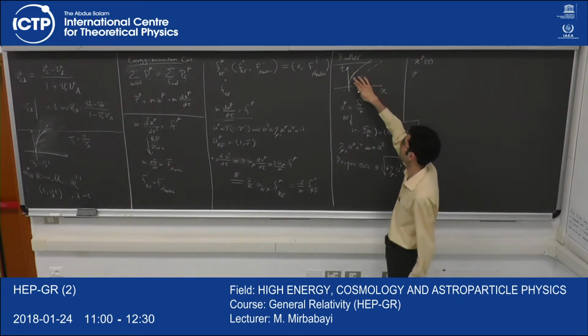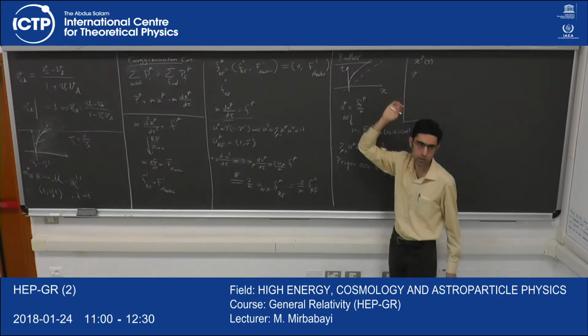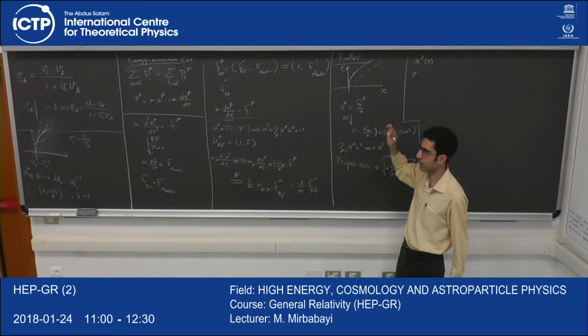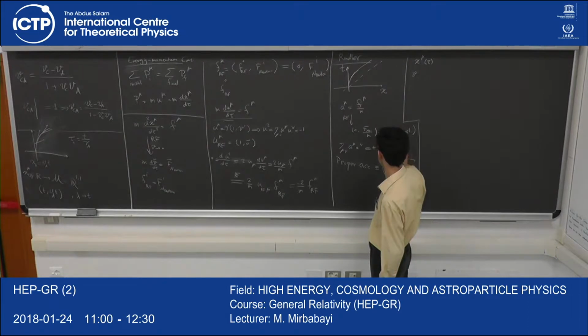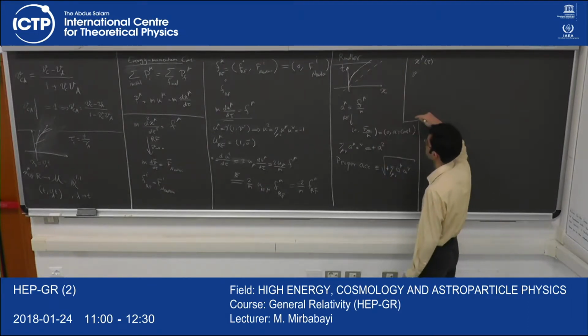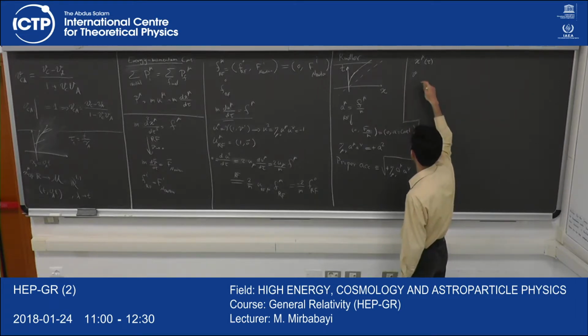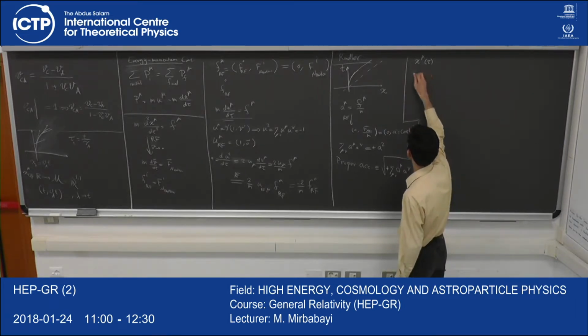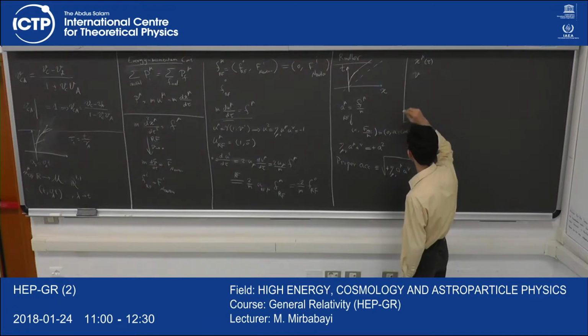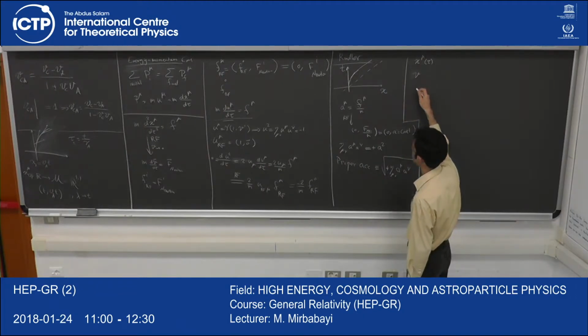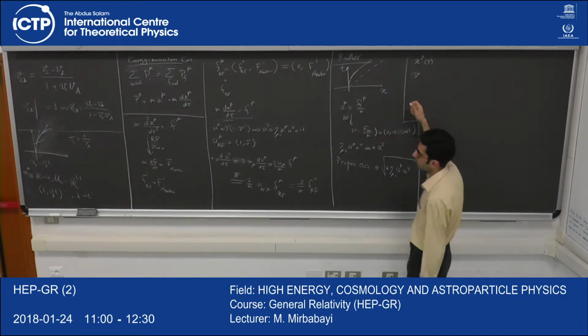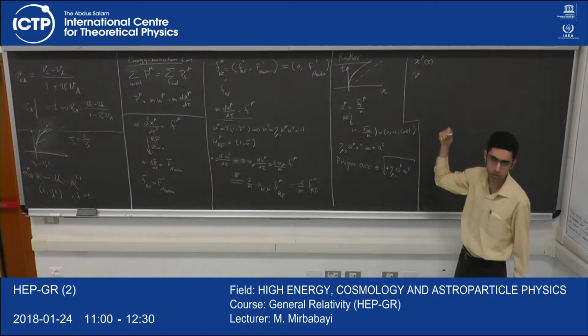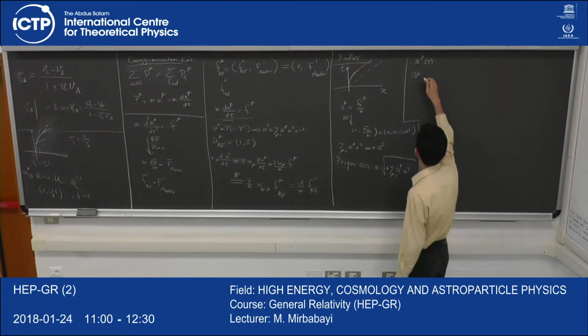Because the velocity of this observer is changing with time. So if this four-vector is a constant in the rest frame, it's going to change with time in the original frame. So now we want to determine what is f mu when the velocity is v. So the way we do it is that this f mu is a 4-vector, so it has the same transformation properties as x mu.